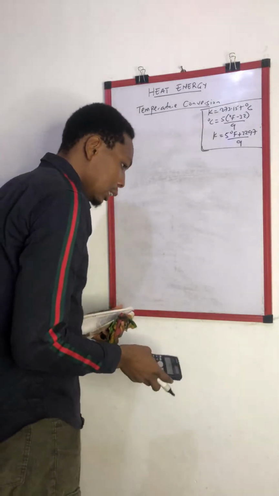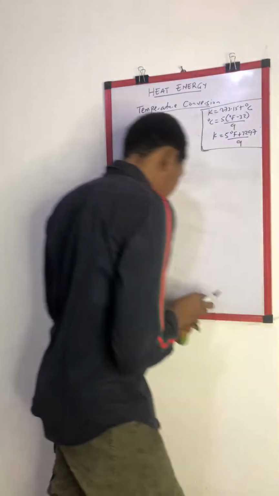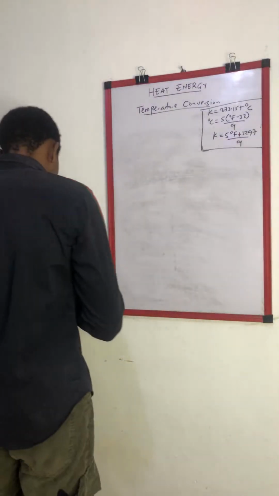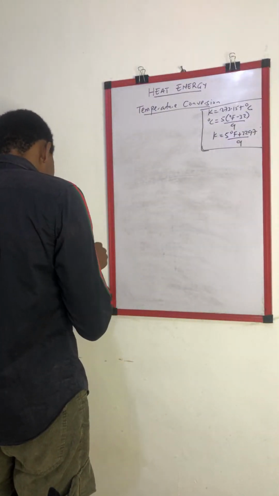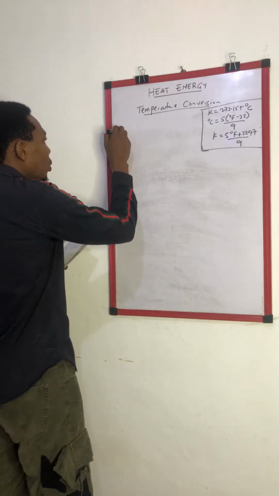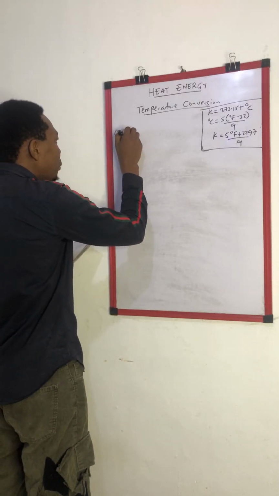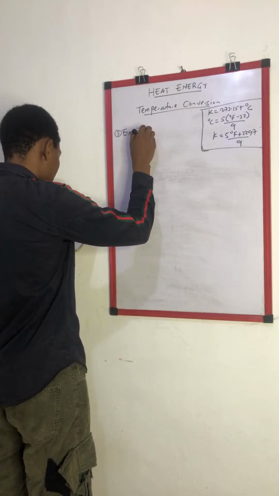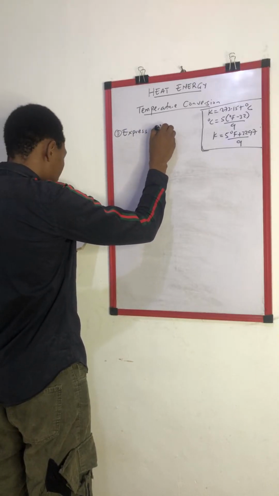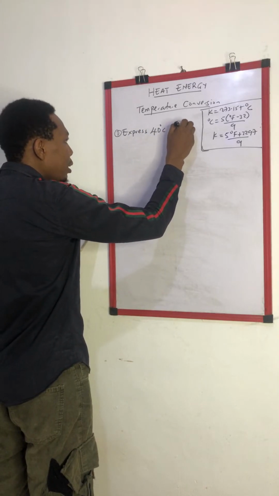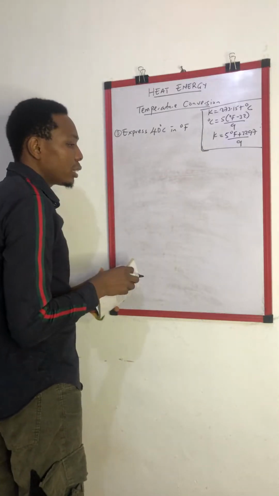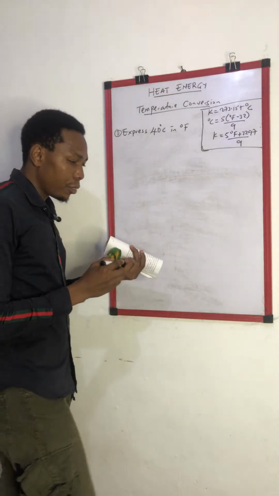Now let's take these questions. Number 1. Express 40 degrees Celsius in degree Fahrenheit. 40 degrees Celsius in degree Fahrenheit.